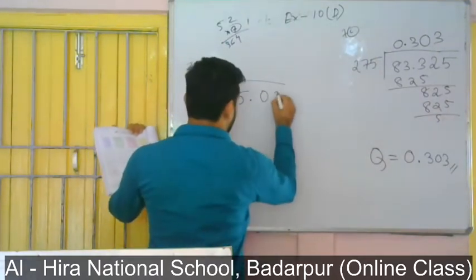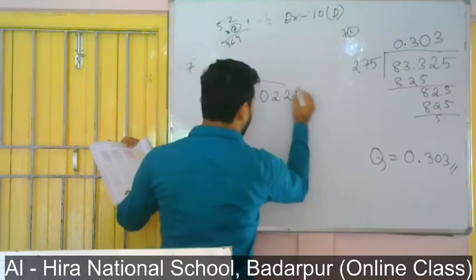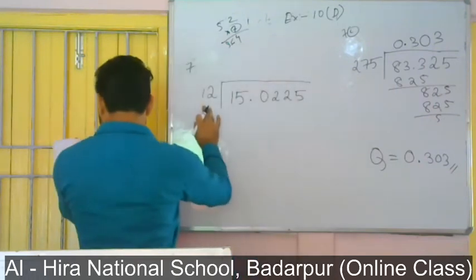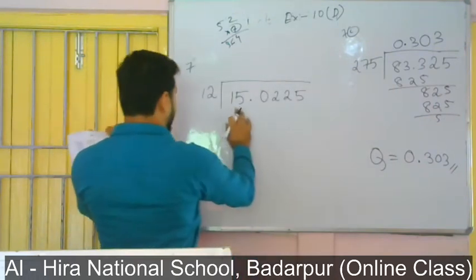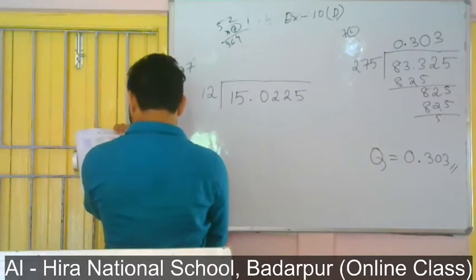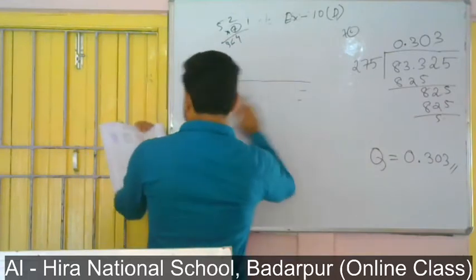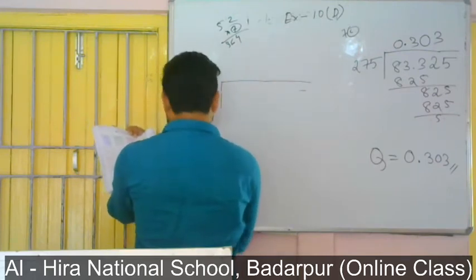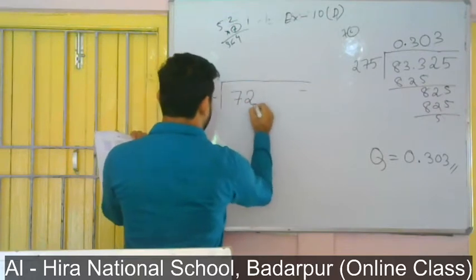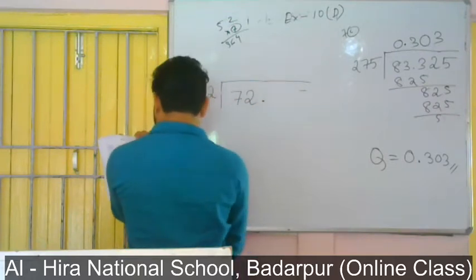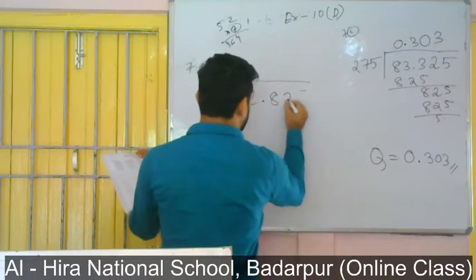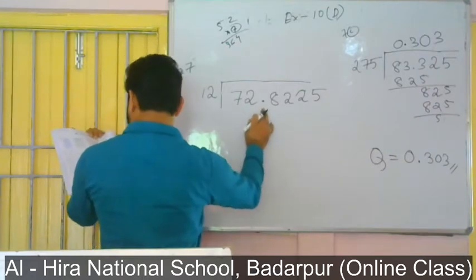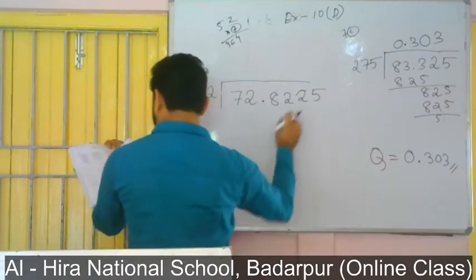Once check 12, then it is wrong. 12, then 72.8225. 12, 72.8225.